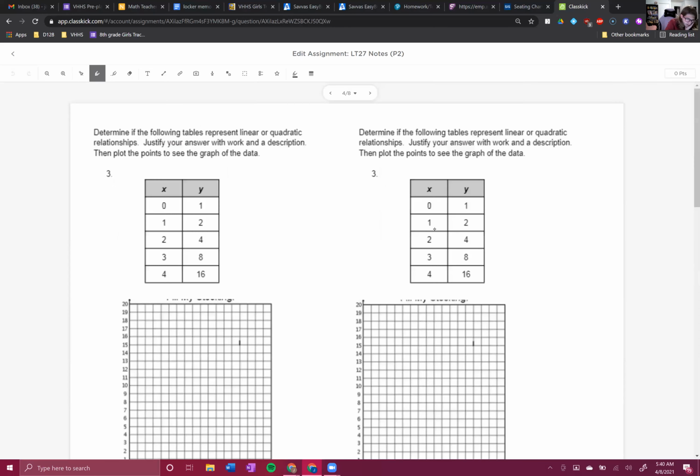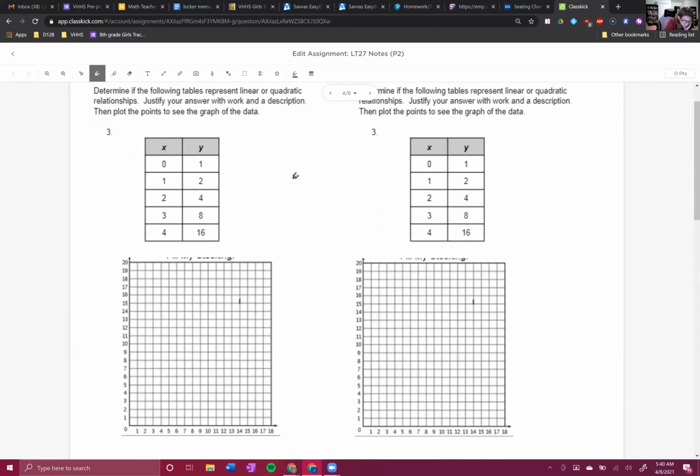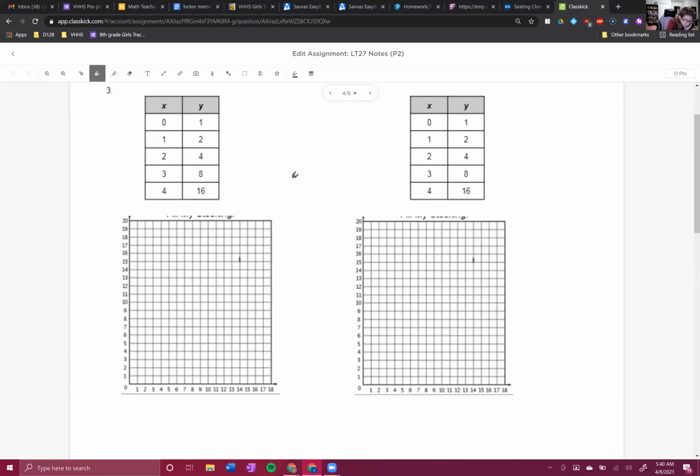Here on page 4, I want you to graph these points. So I'm going to do it, but if you want to do it before me, pause and do it yourself. 0, 1 is just 1 up. 1, 2 is right 1 and up 2. 2, 4 is right 2 and up 4, 3 and 8, 4 and 16.